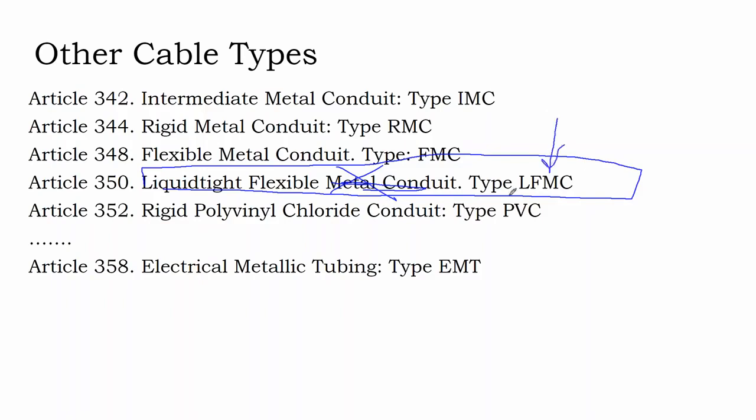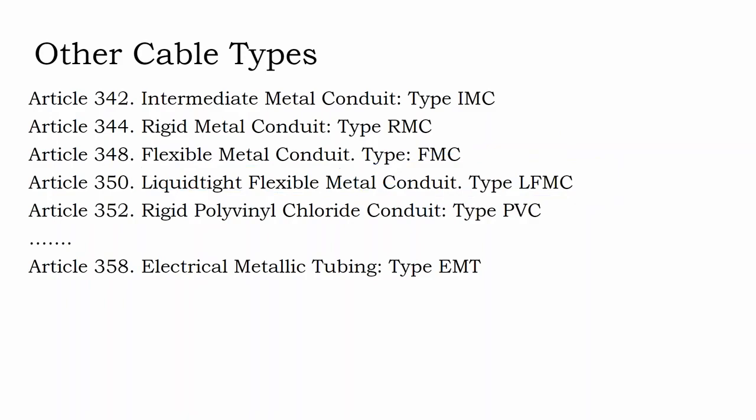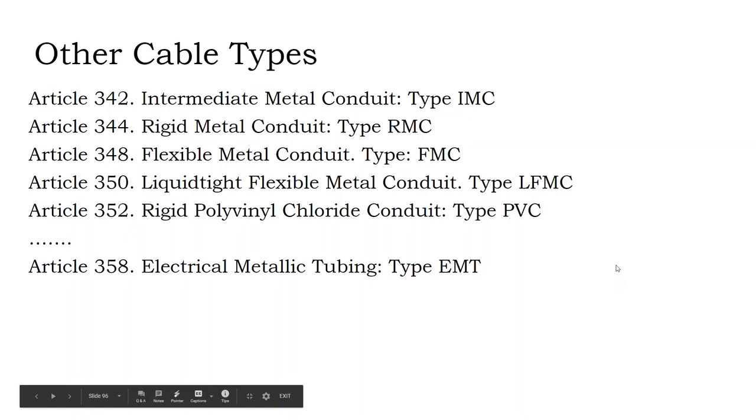So liquid tight flex metal flex is how you would refer to this when ordering it at a supply house. We've got PVC. This is not white plumber's PVC. It's gray. It has a little bit better deterioration ratings.